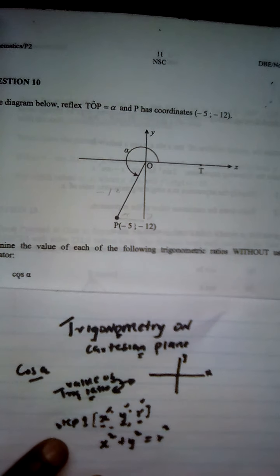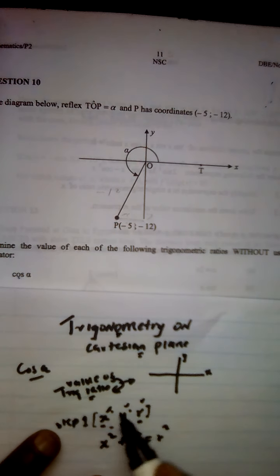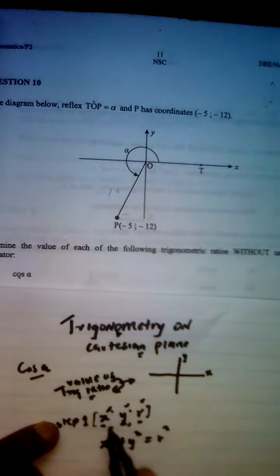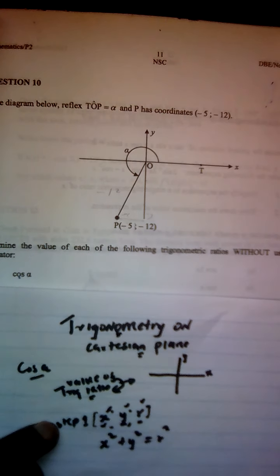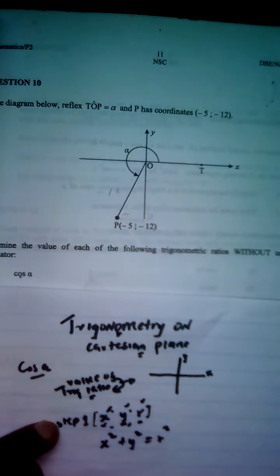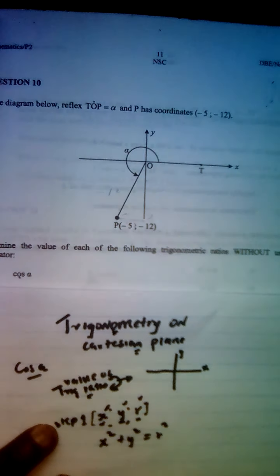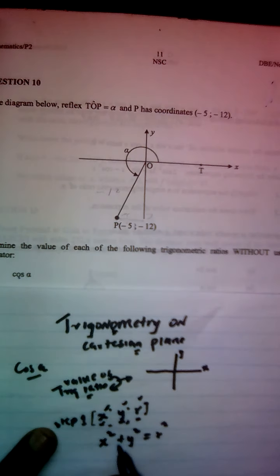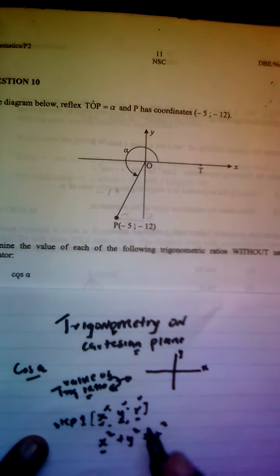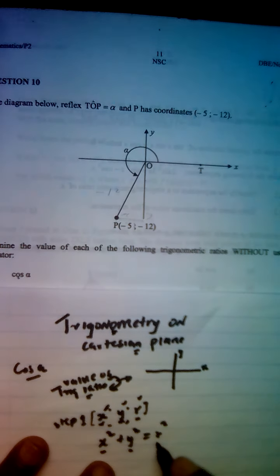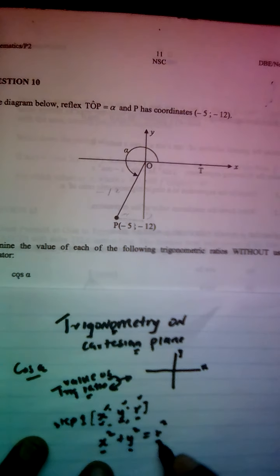The first thing, we are going to determine x, y, and r. But if we bring this x, y, and r together in a single equation, we find them in the equation which is called the theorem of Pythagoras: x squared plus y squared equals r squared.